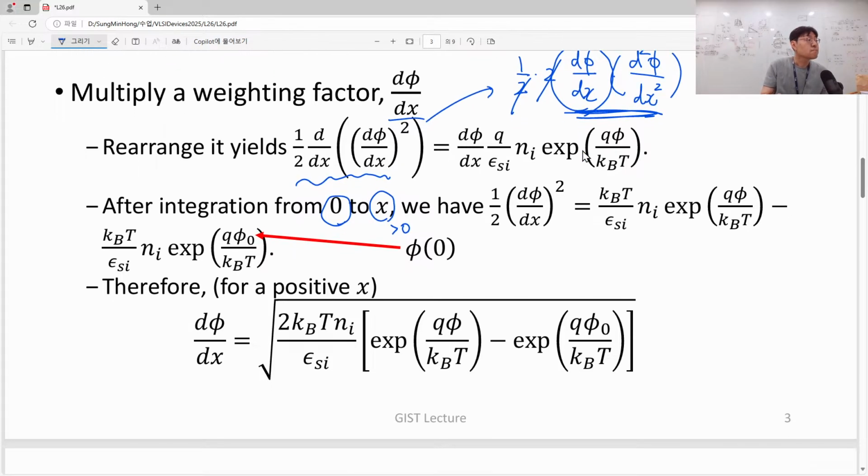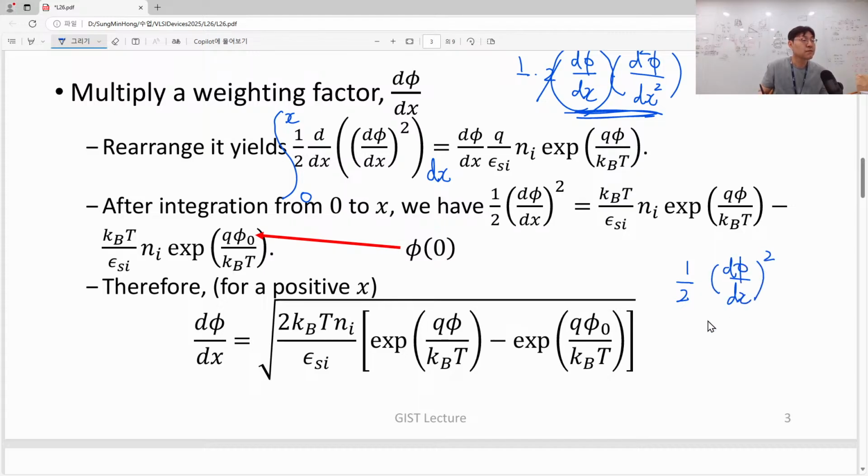And now, by integrating from 0 to x, we have to evaluate this quantity: half of the square of the electric field at x and at the 0 point.